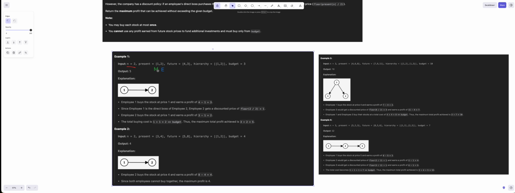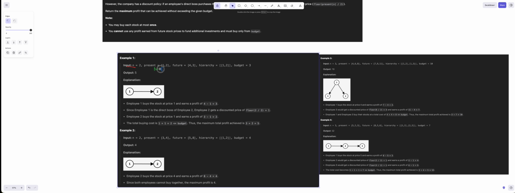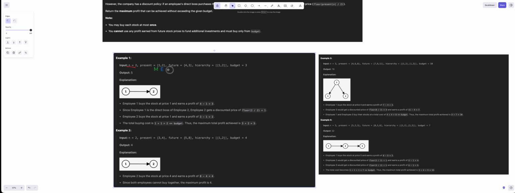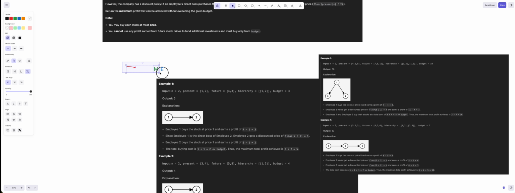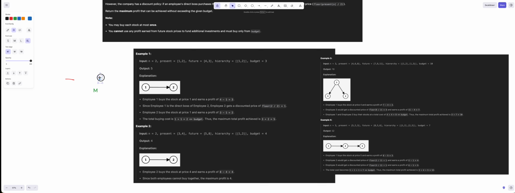That's a little bit unfair, but it will be fair. Employee 1 buys the stock at price 1 and earns the profits. So if the manager buys at the price, not sure why it's so difficult to move. All right, let me just get around. Okay, just consider M and E here.